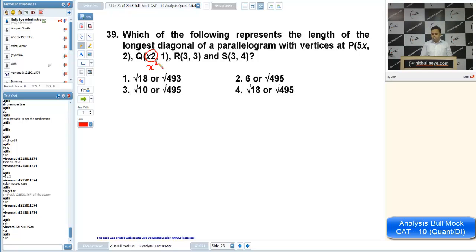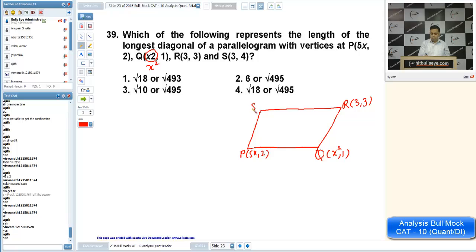Okay, we have here a parallelogram PQRS whose vertices are given. The question is asking about the longest diagonal.